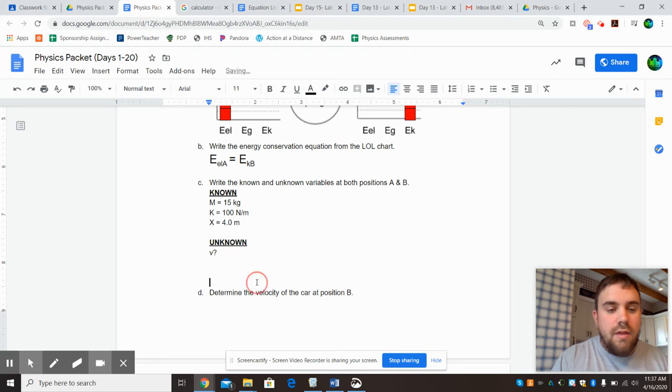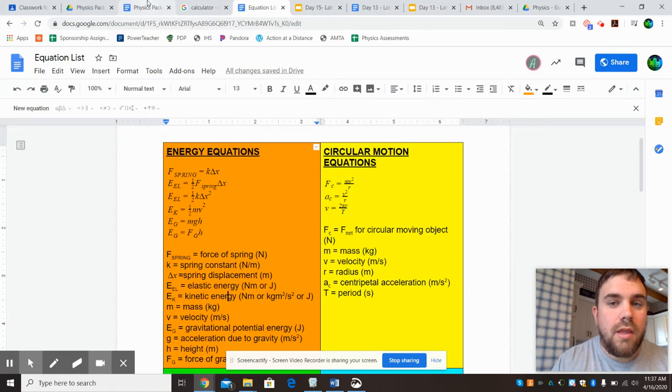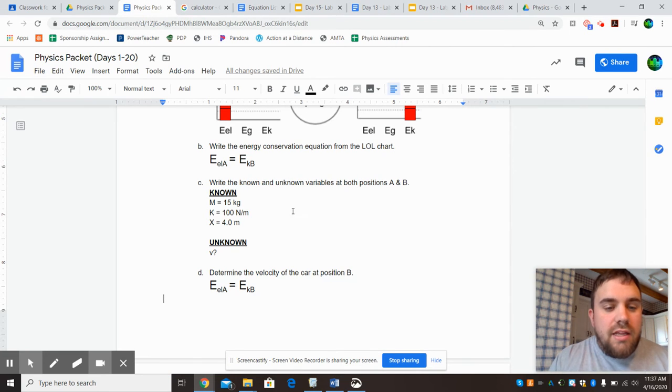Now that I have a list of knowns and unknowns, I'm going to determine the velocity of the car at B. To do that, I'm going to copy and paste this equation that I just had down here. Now, I need to find the appropriate equation from my equation list that's going to help me with the elastic and kinetic energy. I want to solve for velocity, which is related to kinetic energy.